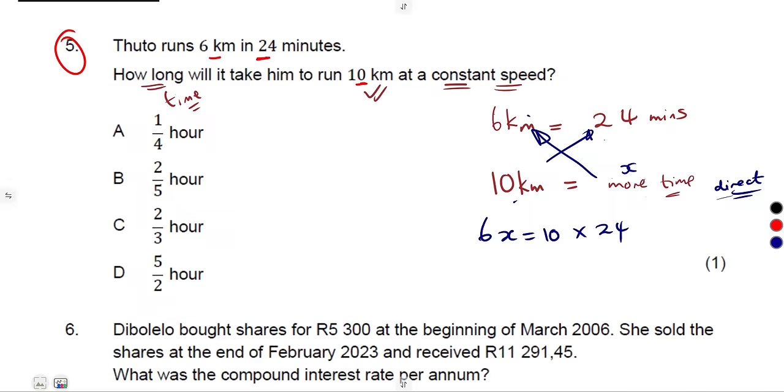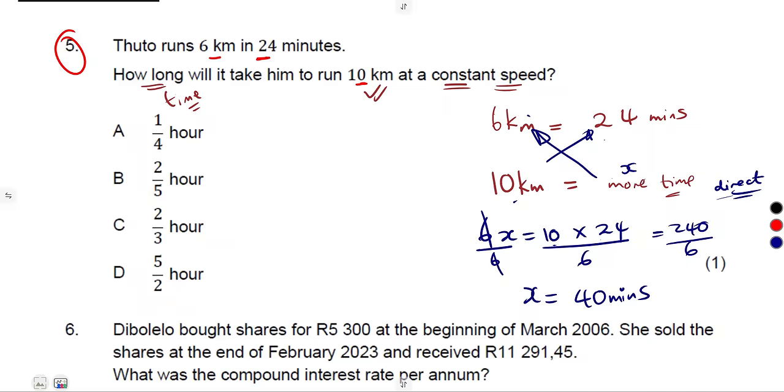Remember the concept, guys. We need x, which is the time in minutes as we are given here. So we're going to find our x in minutes. Multiplying 10 by 24 gives 240 over 6, which is 40 minutes.